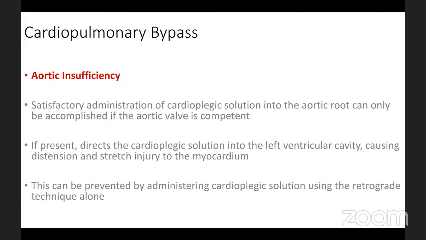So in case of aortic insufficiency, satisfactory administration of cardioplegic solution into the aortic root can only be accomplished if the aortic valve is competent. If aortic insufficiency is present, direct cardioplegic solution into the left ventricular cavity will cause distension and stretch injury to the myocardium. This can be prevented by administering the cardioplegic solution using the retrograde technique alone.